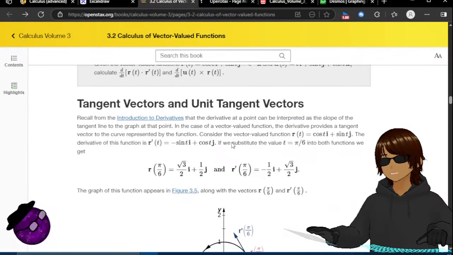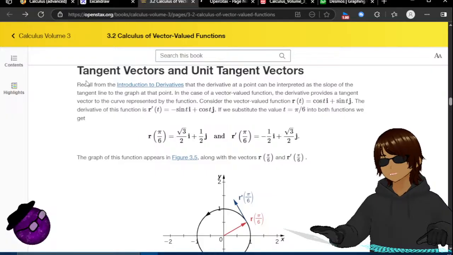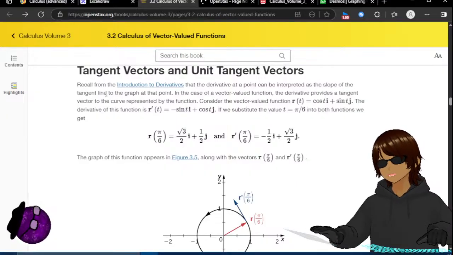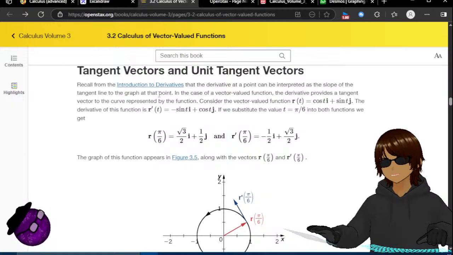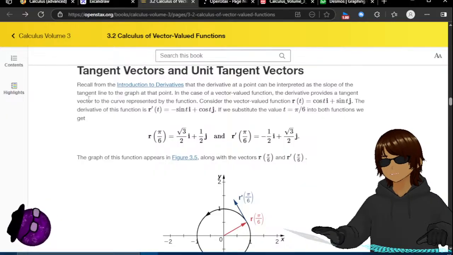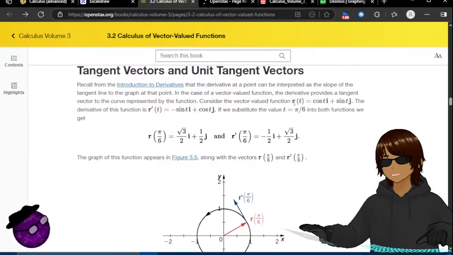Okay, let's see what's that tangent question. Recall from the introduction to derivatives that the derivative at a point can be interpreted as the slope of the tangent line to the graph at that point. In the case of vector valued function, the derivative provides a tangent vector to the curve represented by the function. Consider the vector valued function r is equal to cos t plus sin t.